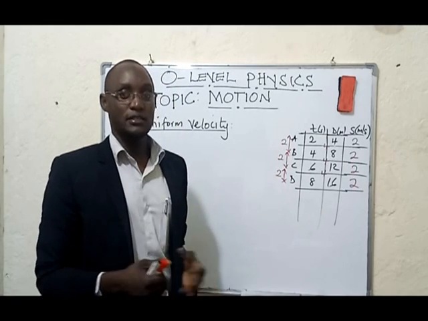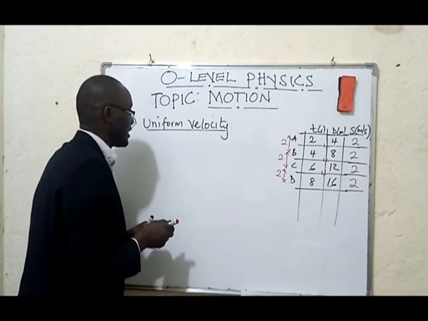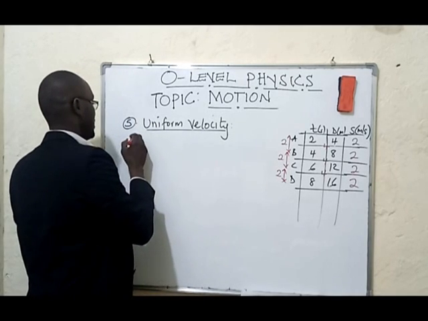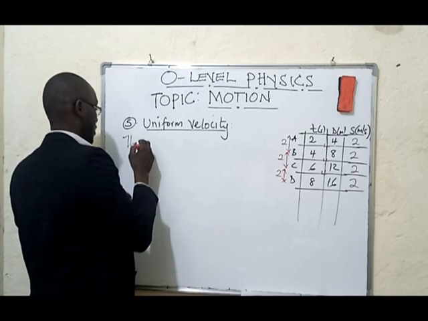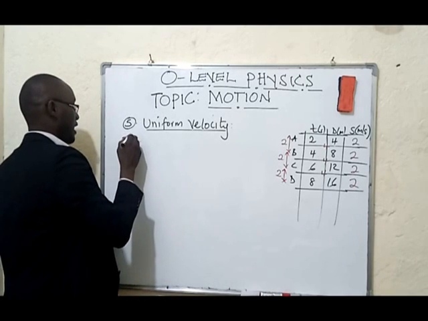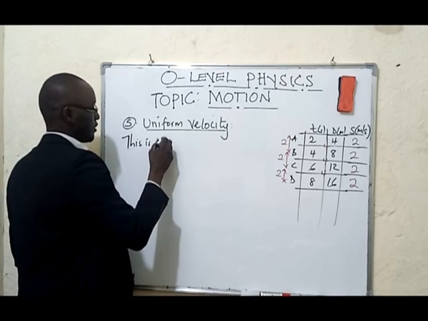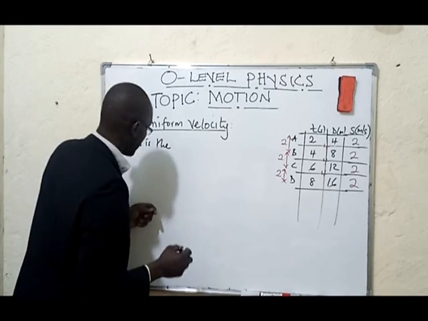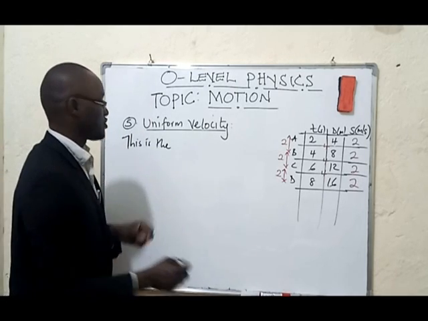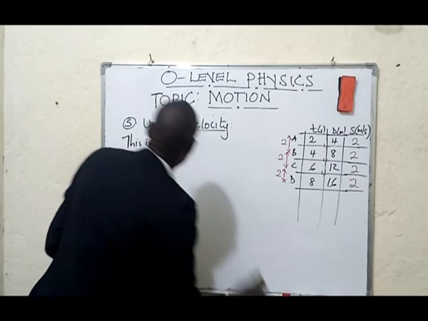Have you seen that? Just by illustration. But for us here, we can say that uniform velocity is the time rate of change, a constant time rate of change. It has to be constant.